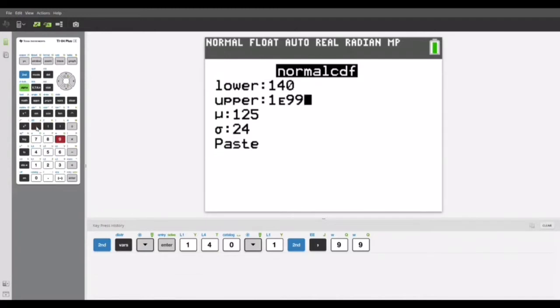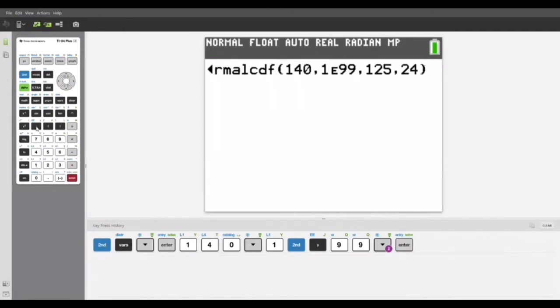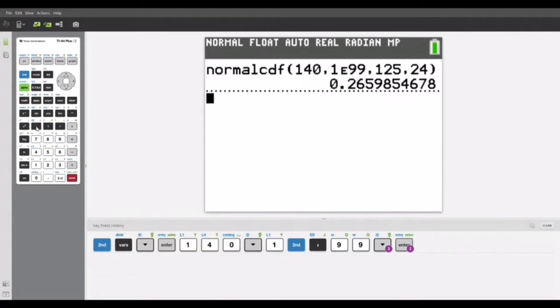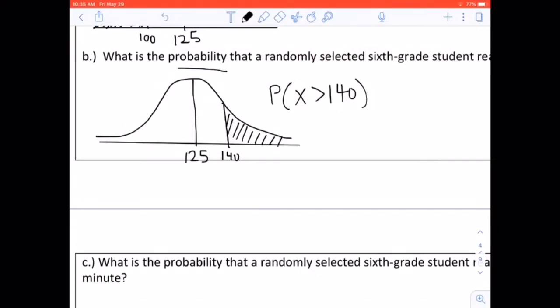And then our mean and our standard deviation are 125 and 24 still. Paste. This is again what you would type in if you had the older style calculator. And then you get your probability. From the calculator, we get that this is equal to 0.2660. So the probability that a student reads more than 140 words per minute is equal to 0.2660.